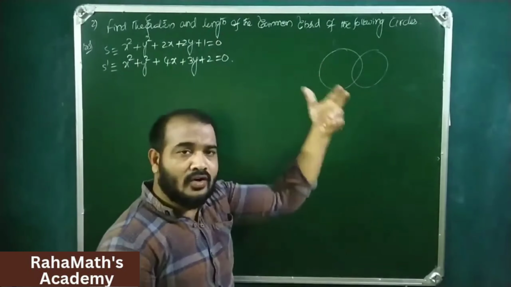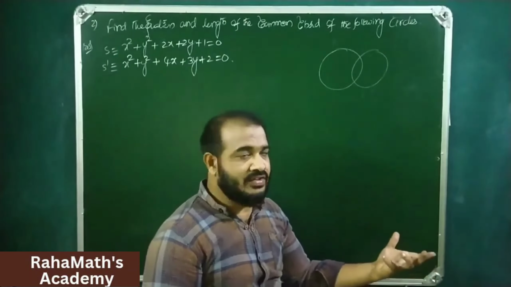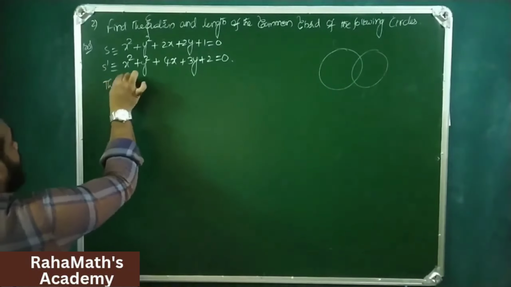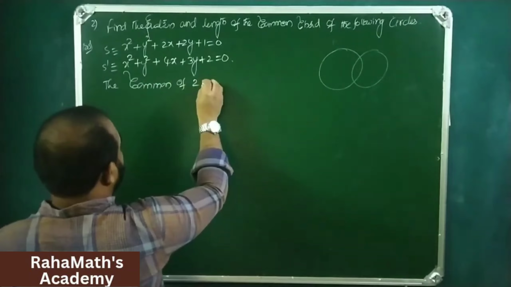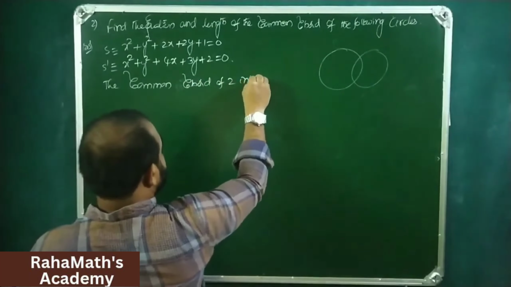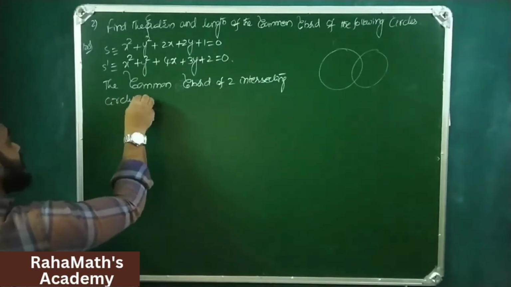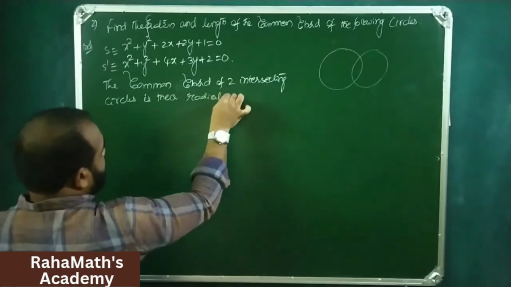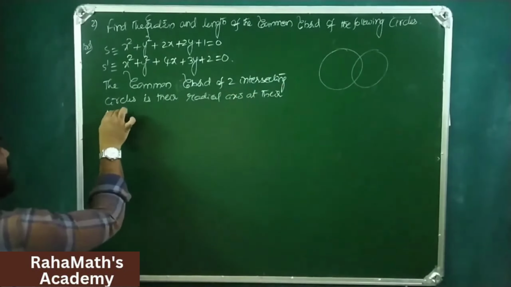Equation of the common chord. Common chord is nothing but a straight line. That's the radical axis, which is S minus S dash equals to 0. So therefore, the common chord of two intersecting circles is their radical axis and their point of intersection.